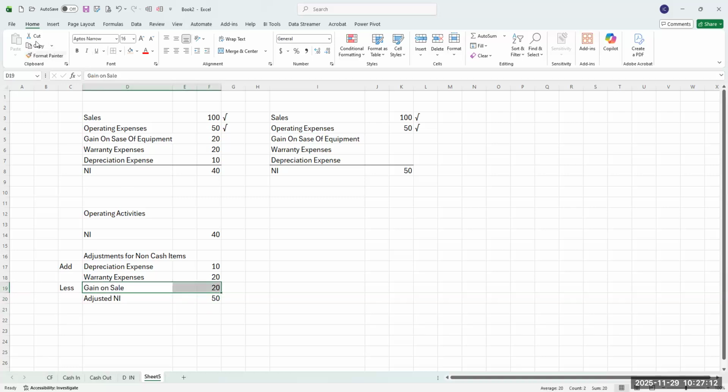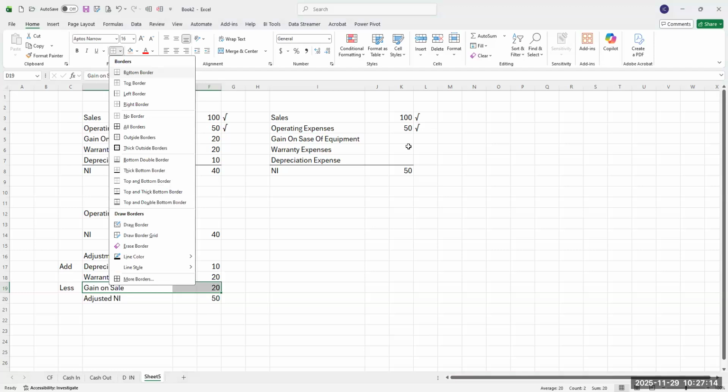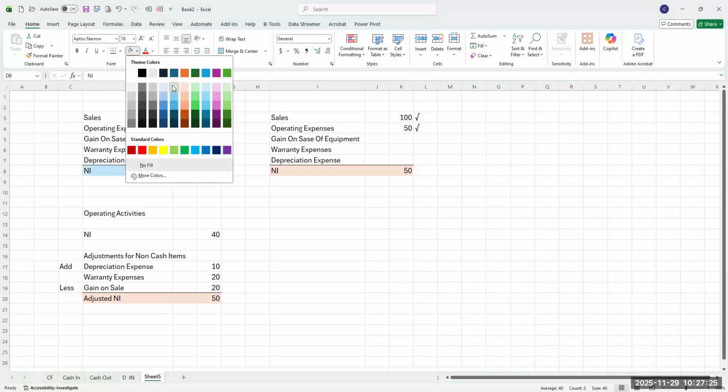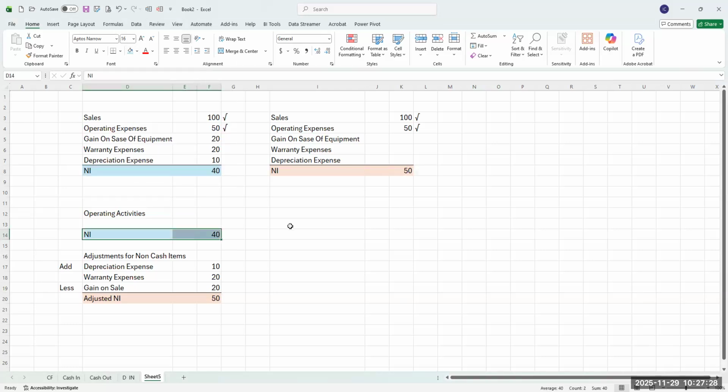And I come back to my cash income. Now I'm back to the reality that I want to be. This is my starting point here, but I'm moving to my cash net income, which includes only cash items and excludes all the non-cash items. Again, if it's an expense, you have to add it back. If it's a gain, you have to deduct it. And that's all.